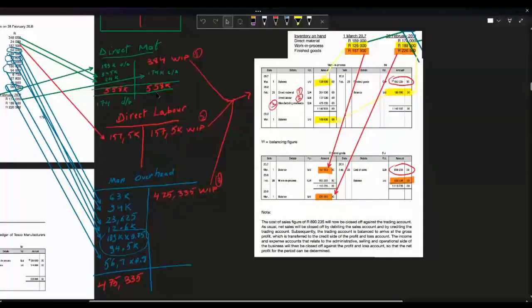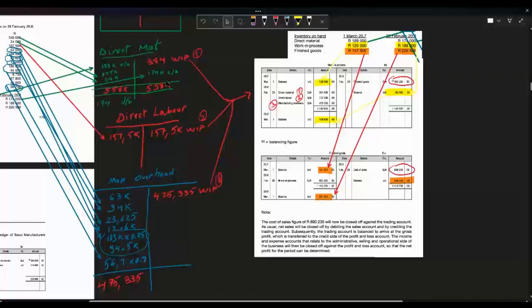We're going to replicate it here on the right-hand side, depending on how you're looking at it. On the left-hand side, there will be the work in process, right?